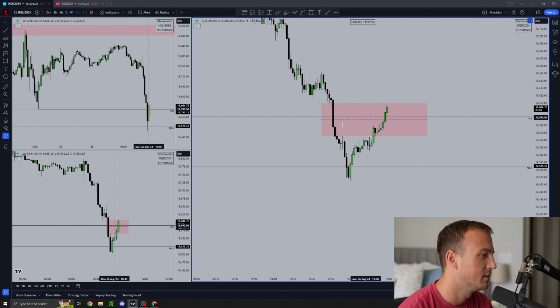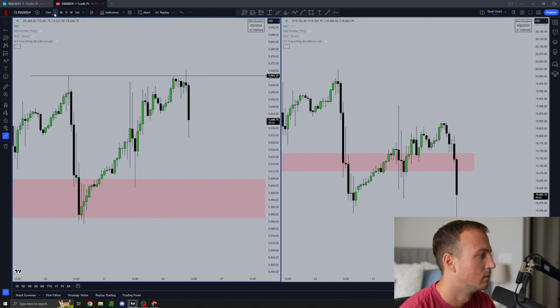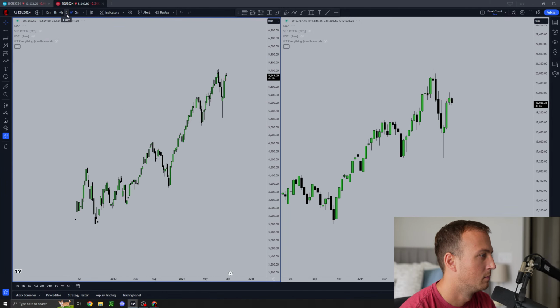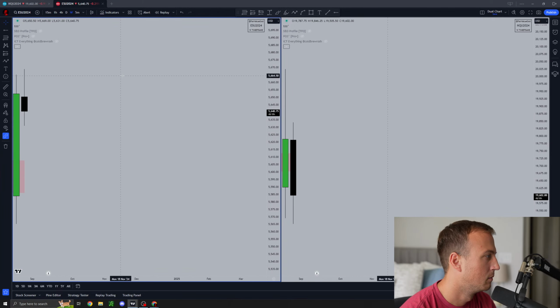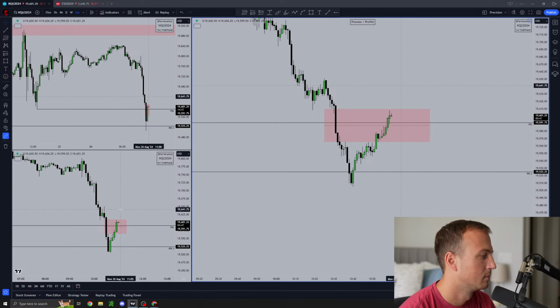About 10 seconds till this 5-minute candle closes here. All right, so we closed up in the upper portion of this.